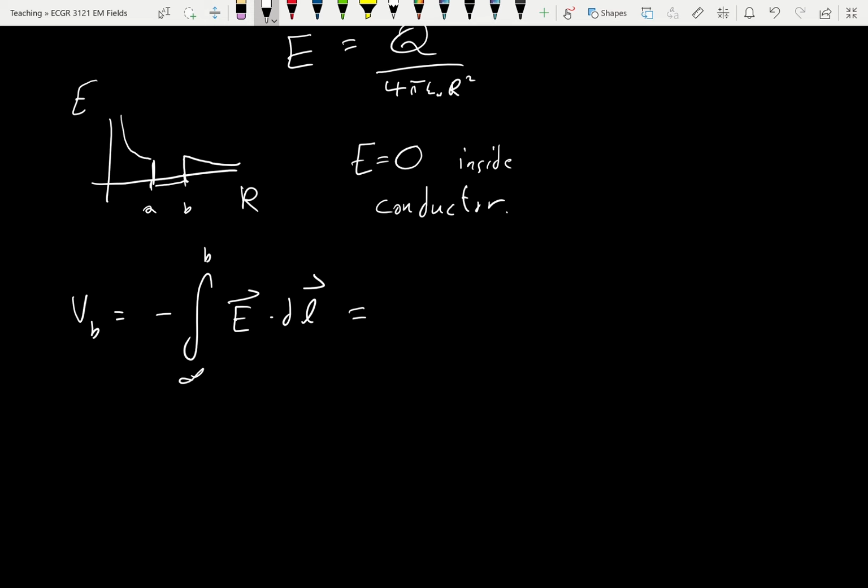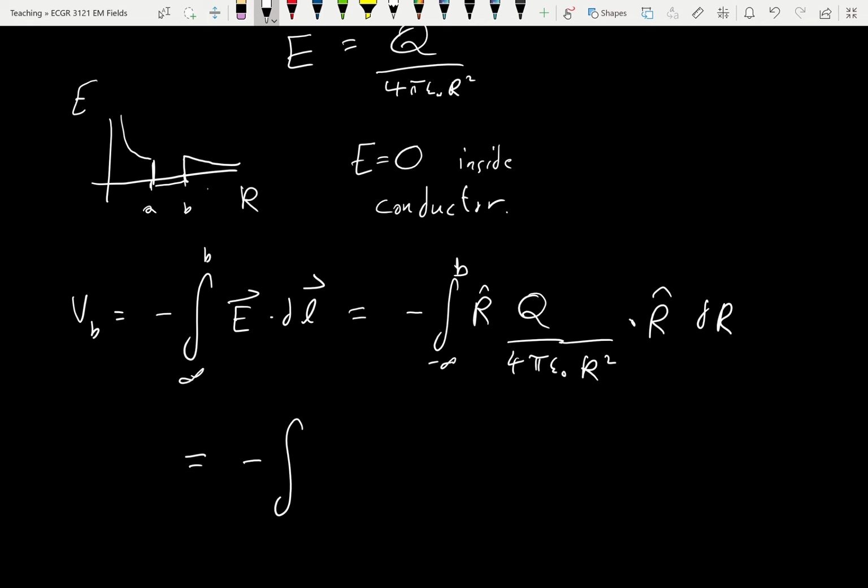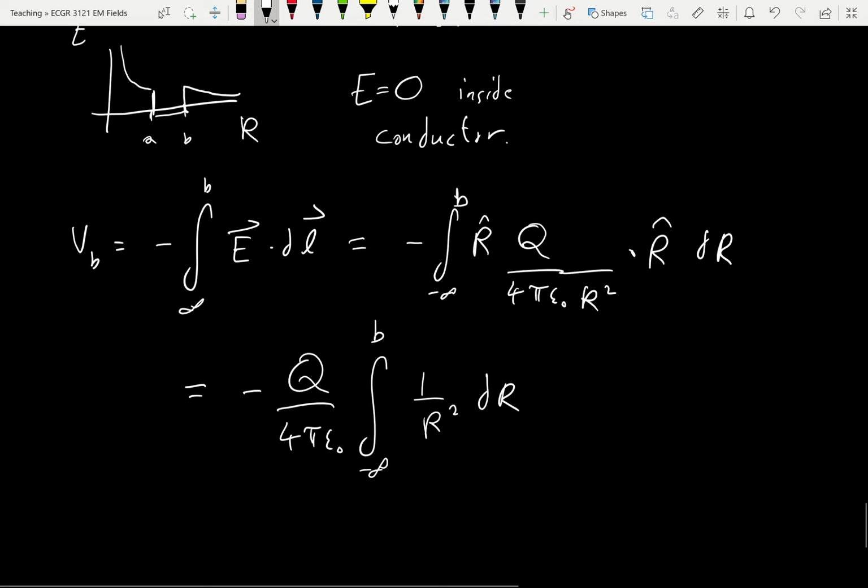Let's do this calculation. That's going to be minus the integral from infinity to B of r hat Q over 4 pi epsilon naught R squared dot r hat dr. Let me take the constants out. That's going to be minus Q over 4 pi epsilon naught times the integral from infinity to B of 1 over R squared dr. I know how to do this integral, easy.